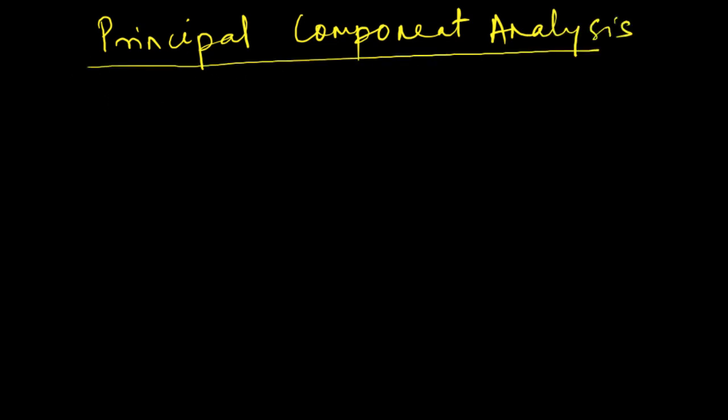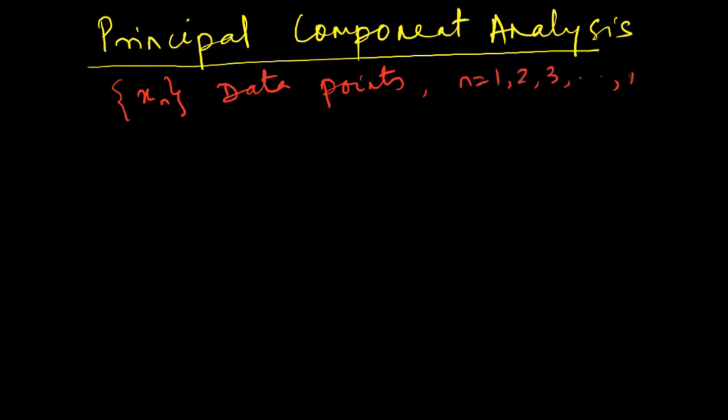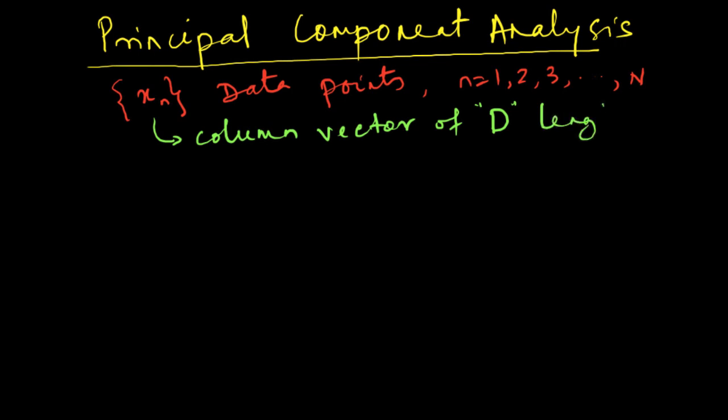So let's say you have capital N number of data points and each data point is xn, where n goes from 1, 2, 3 up to N, and each xn is a column vector of length D. So by length I mean the number of rows in the column vector is equal to capital D, and that is our dimensionality.